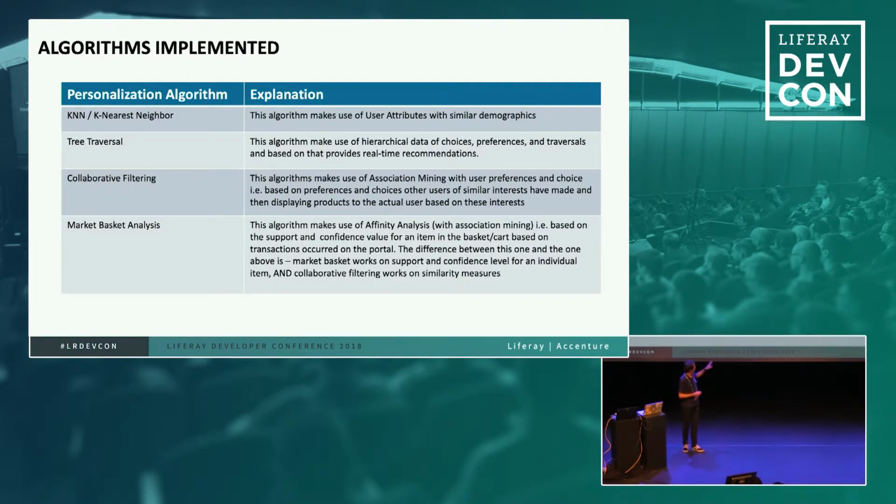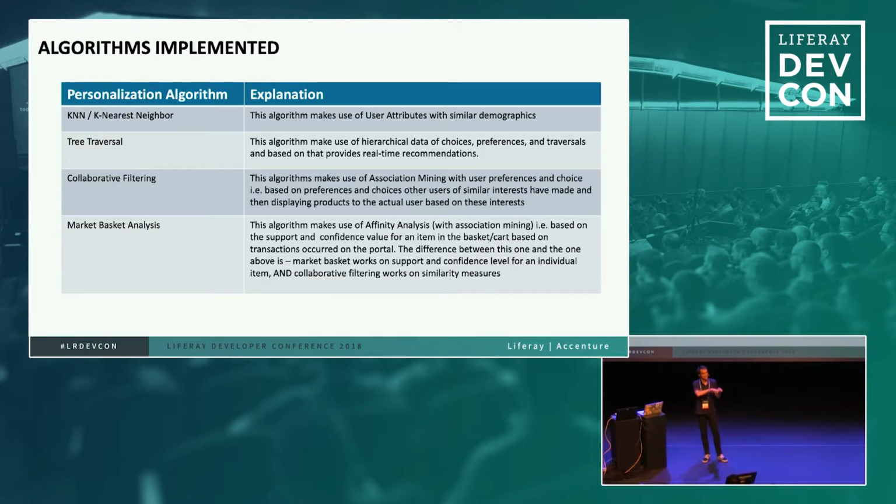In terms of the data intelligence, in this bottom layer, we have implemented 4 algorithms. I will stop the demo and highlight the different algorithms that we have implemented. We have KNN for users who also bought this type of products.